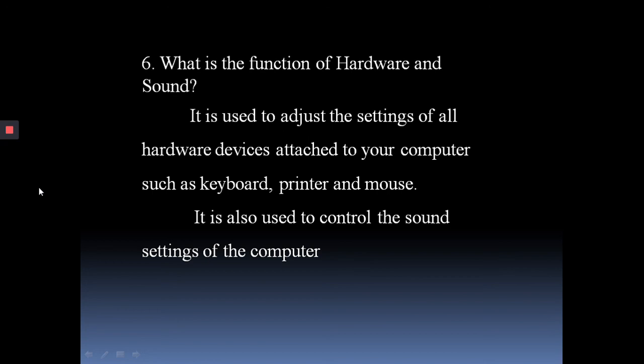The sixth question is, what is the function of hardware and sound? It is used to adjust the settings of all hardware devices attached to a computer, such as keyboard, printer and mouse. Okay, and it is also used to control the sound settings of the computer.